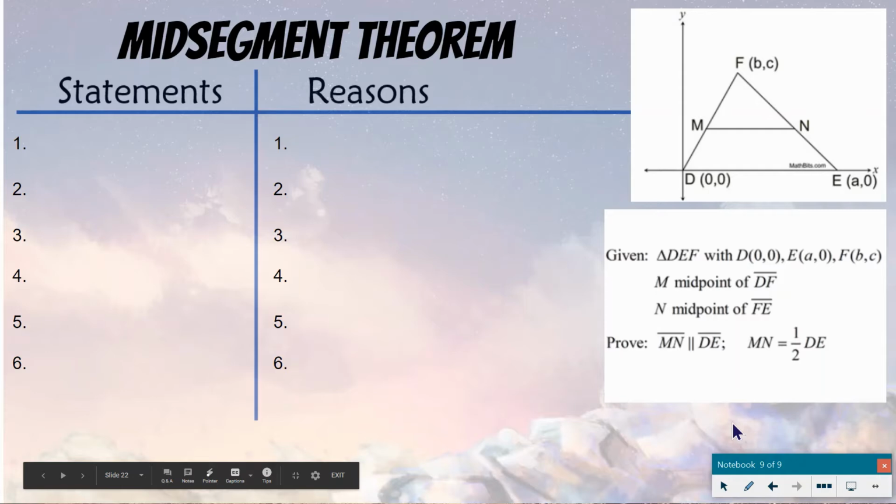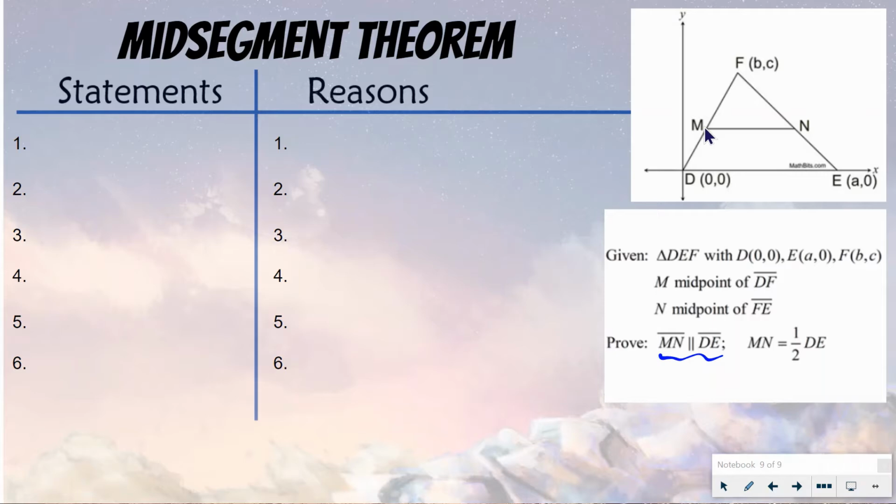Alright, so here we are going to prove the midsegment theorem, which actually says two different things: both that MN is parallel to DE and that MN is half the length of DE. So let's take this one at a time. Let's try to prove the parallel part first. I'm going to try to prove that this is parallel to that.